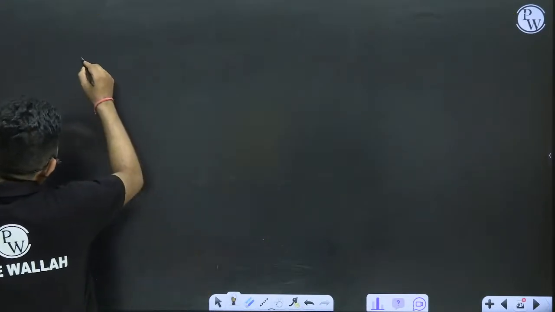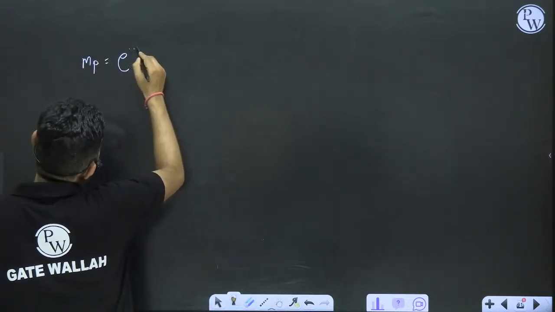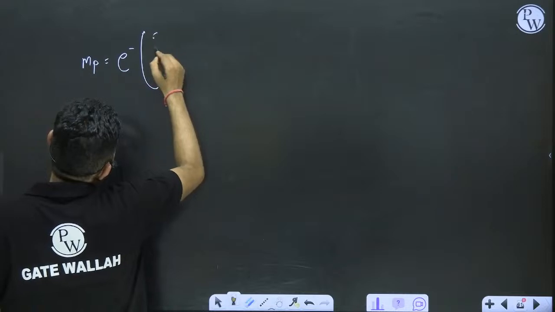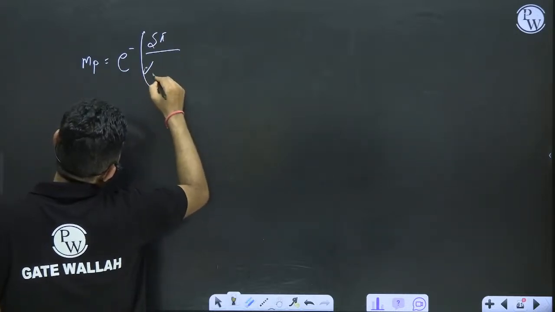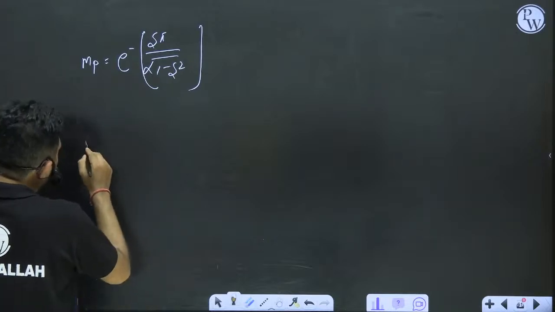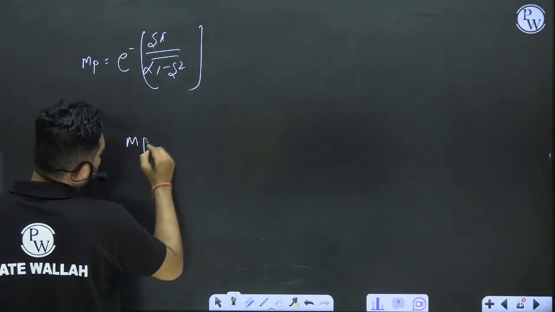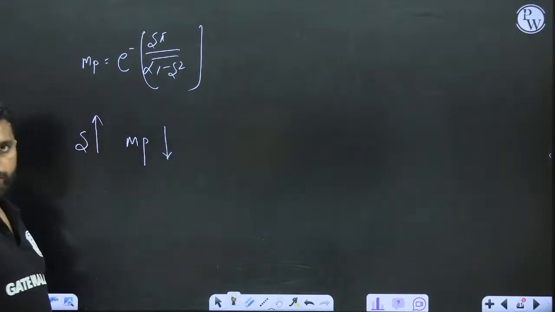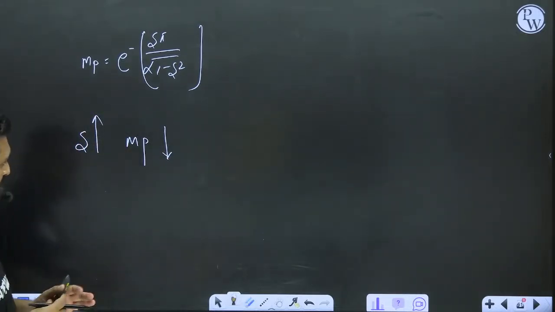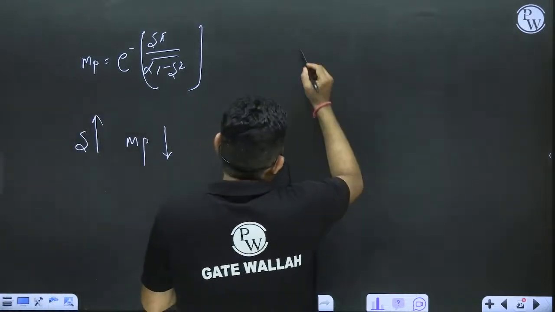So MP is e to power minus of zeta pi upon root of 1 minus of zeta square, and as zeta increases, MP decreases. We solve many problems based on that.